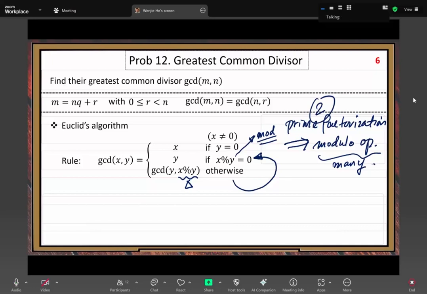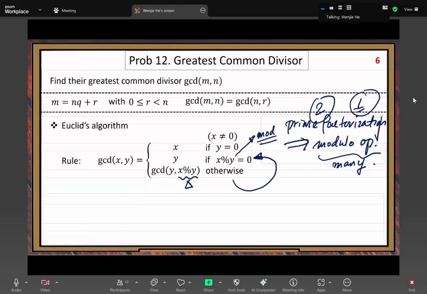Because even doing one prime factorization for a huge number, with thousands of digits, you need months or years. That much time, that level. Comparing with that, your modular operation is much, much faster.